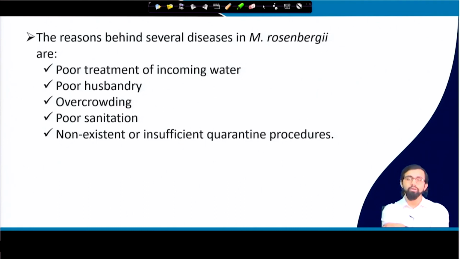If proper cleanliness is not maintained there, and there are dirt particles here and there, it can cause a huge amount of nuisance in your farm. Then, non-existent or insufficient quarantine procedures.